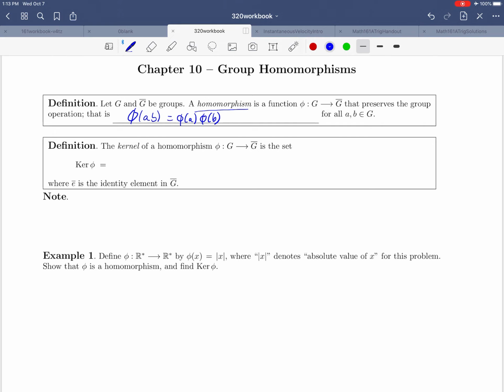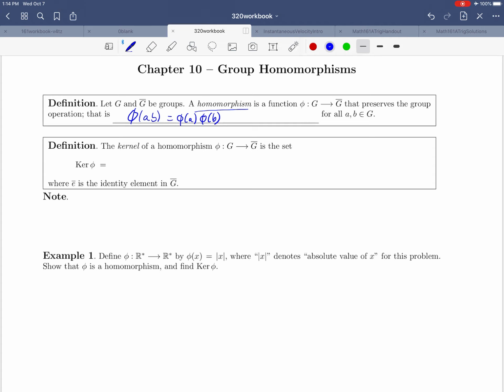Now, a second definition. Since our homomorphism doesn't have to be one-to-one, it's possible that there are more elements in G that map to the identity. And the set of elements in G that map to the identity in G bar is called the kernel of our homomorphism phi.